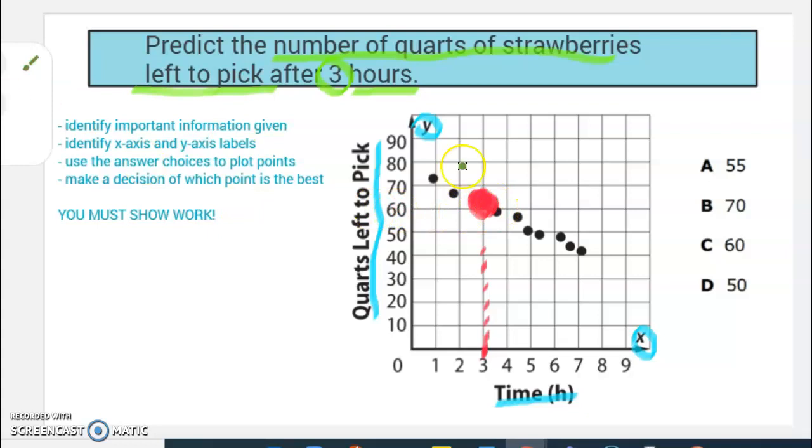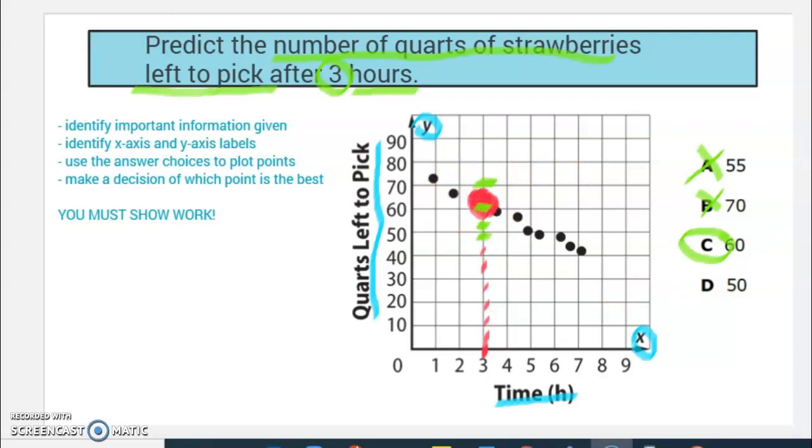So let's check some of those. 55, between 50 and 60, that's below where I need it to be. 70, I think that's still a little too high for where I need it to be. 60, right in the middle. I think that is my best choice because 50 is still too far down. So 60 would be my best choice.